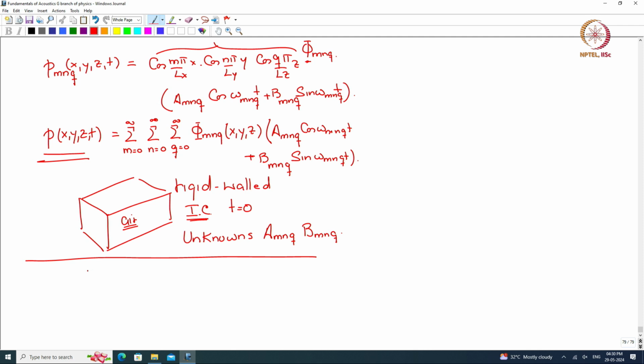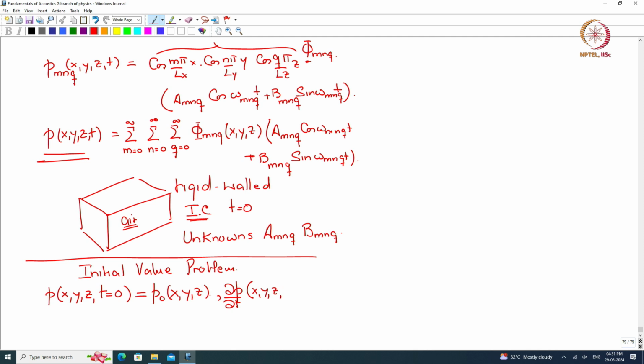Okay. So, here is the initial value problem. I have the same system, and the pressure throughout the box at time t equal to 0 is some value P0(x, y, z), and the derivative of the pressure everywhere in the box at time t equal to 0 is another function p dot 0(x, y, z).